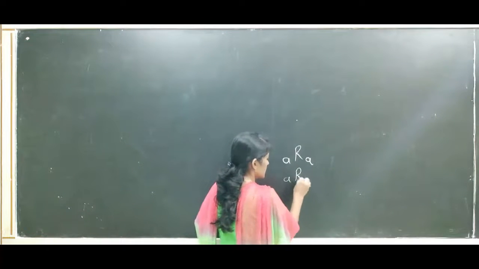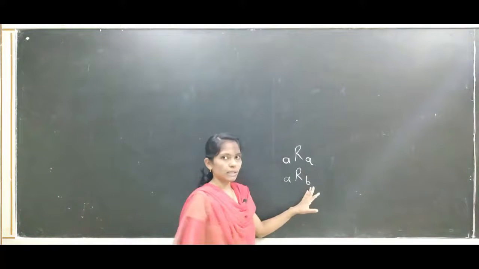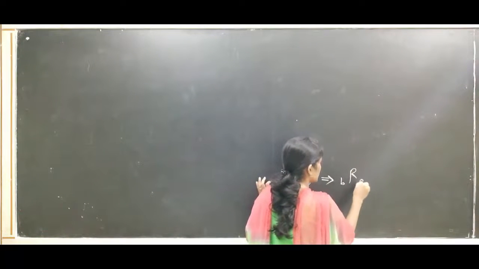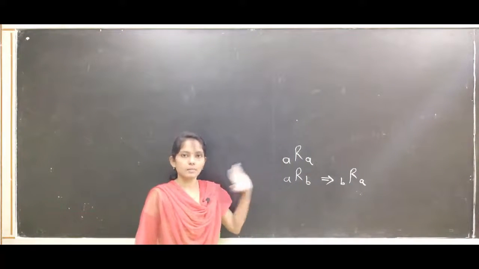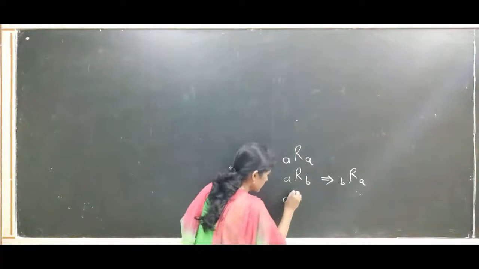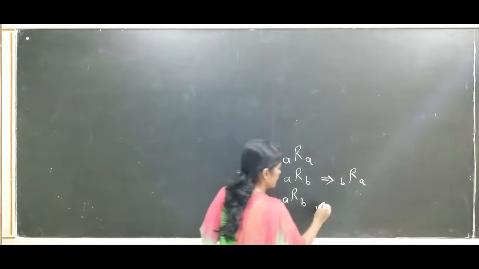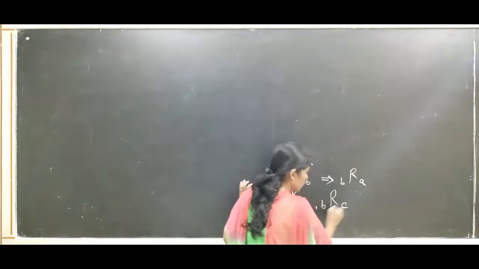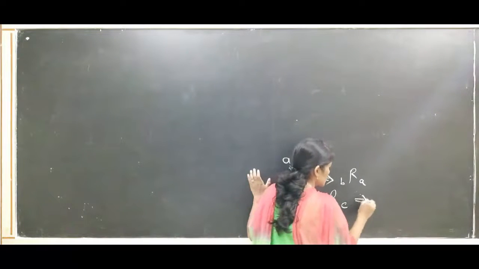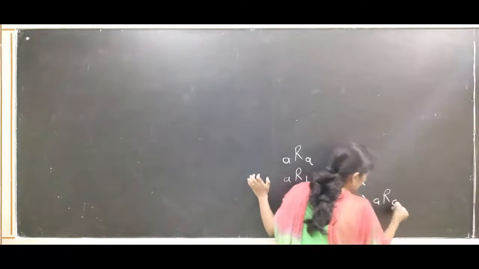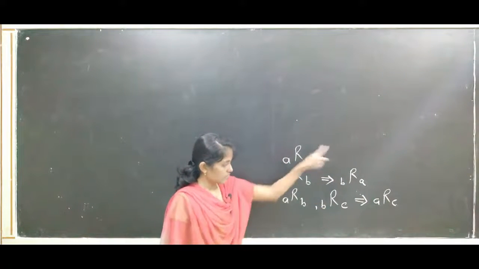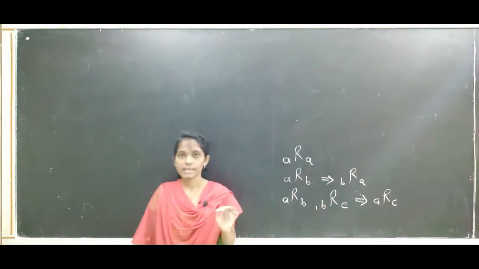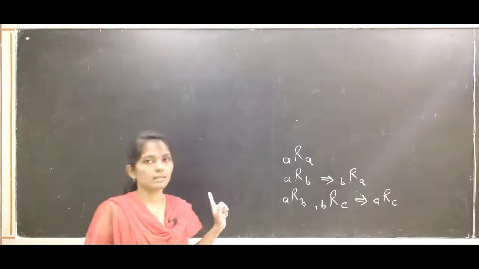Then symmetric: if A is related to B implies that B is related to A also, then this type of relation is called symmetric. And third, A is related to B and B is related to C, then this implies that A is related to C. Then this is transitive.